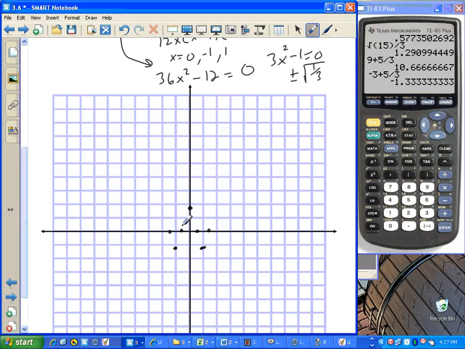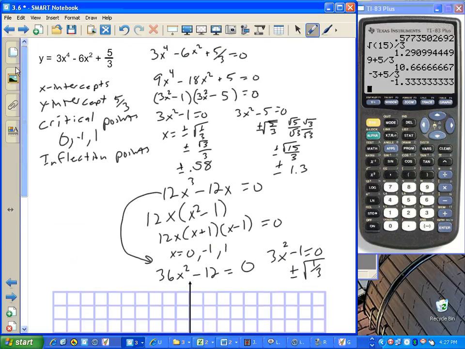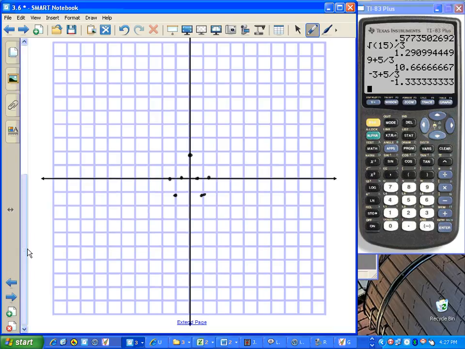So it's going to be changing. Since this is a max, it's going to be concave down here. It's going to change to concave up right at that point. Okay, and now I just need end behavior. So if I look here, I know both ends are going to be going up. So now I can kind of draw my graph. So here's my point of inflection.